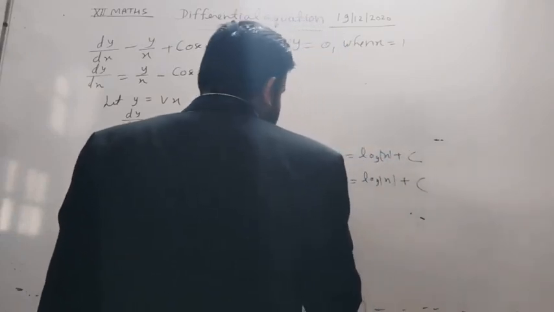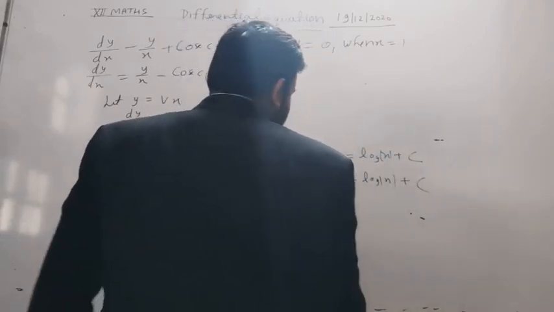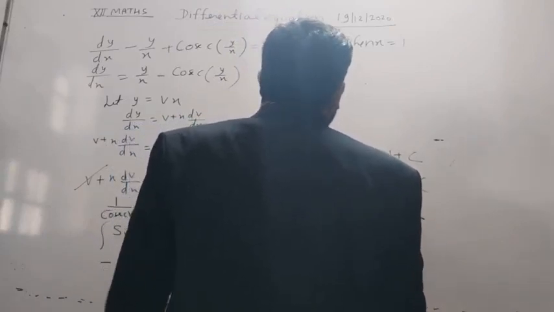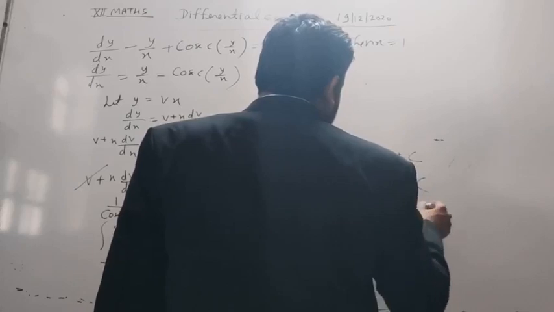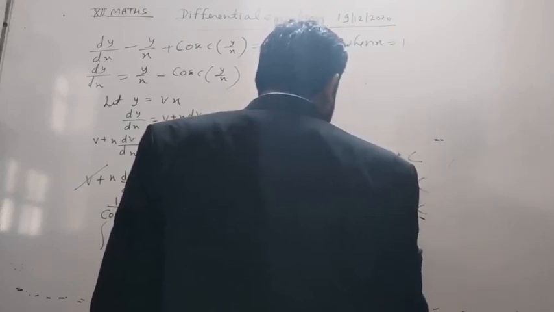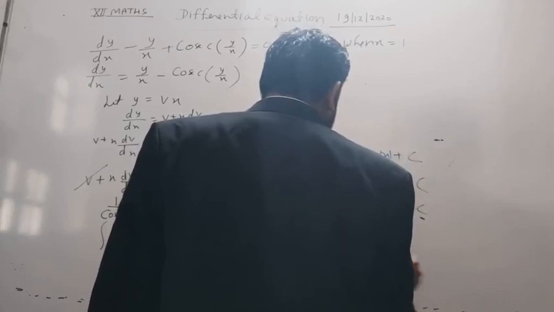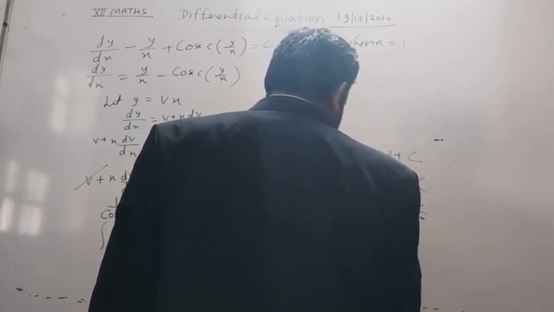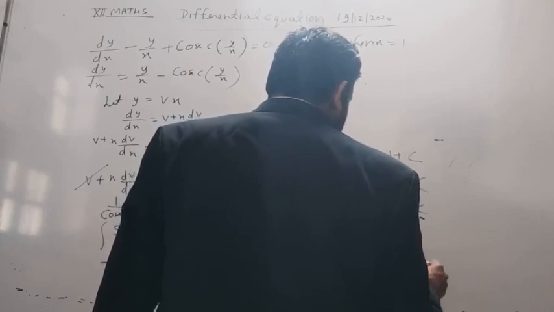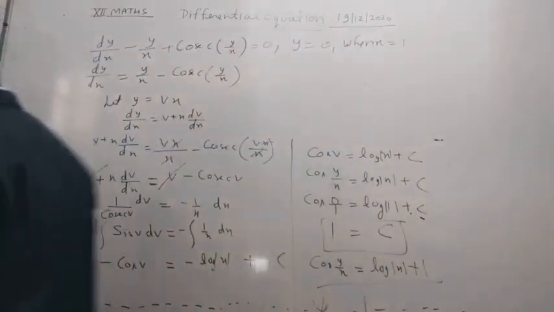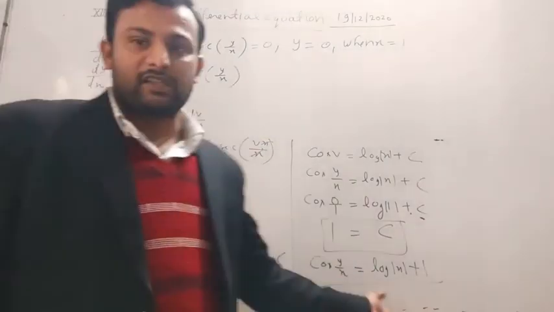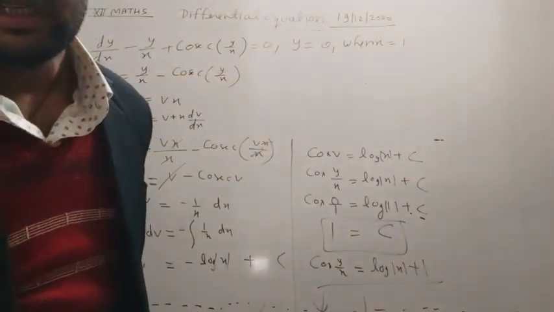Now put y is 0, x is 1, and log 1 is 0, so c is 1. So cos y by x is log mod x plus 1. So this will be our particular solution of the differential equation.